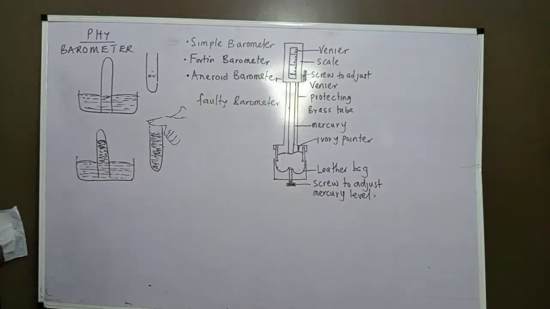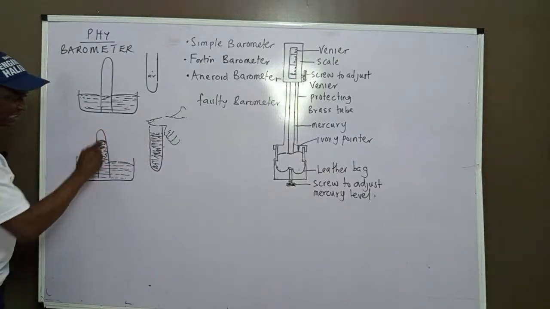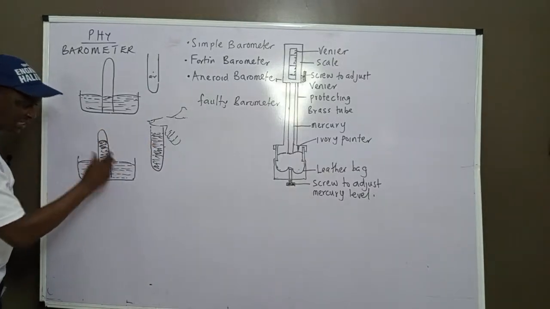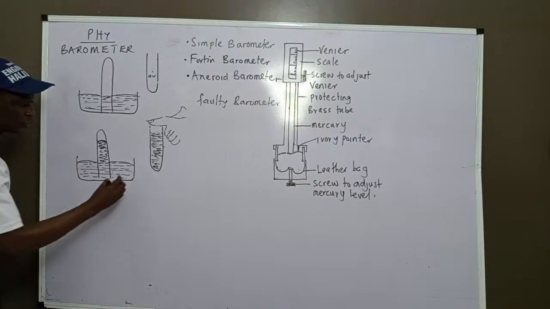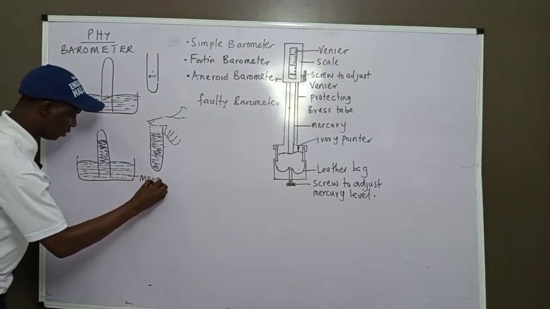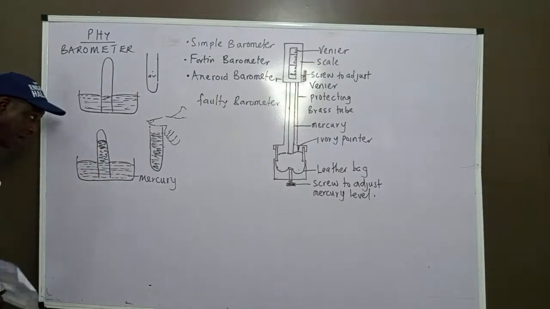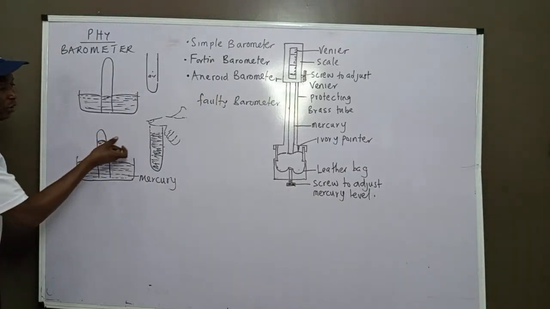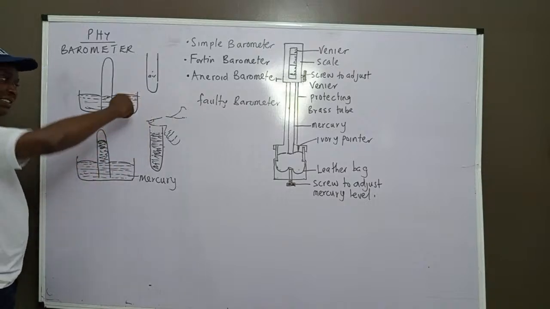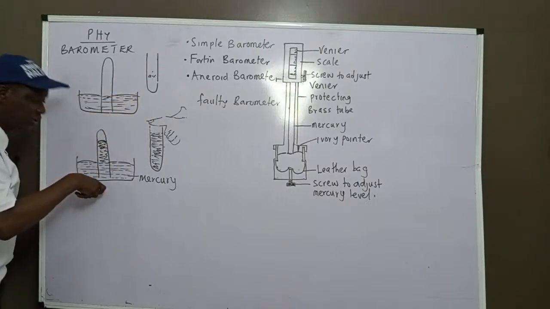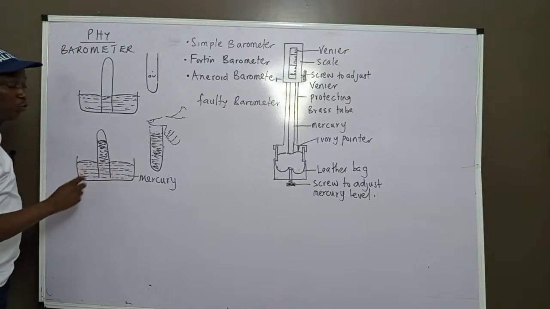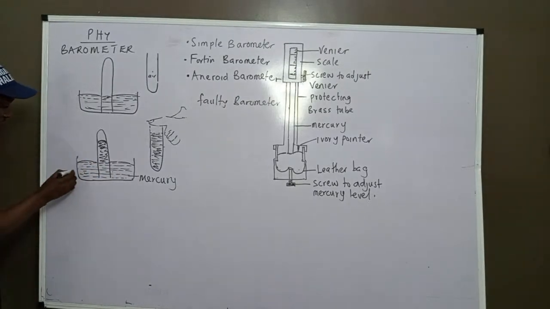Now, when you invert it, put it inside a dish containing mercury. When you put it in the dish containing mercury, this is what will happen. There will be a fall. You invert it, turn it, and dip it inside the mercury dish.